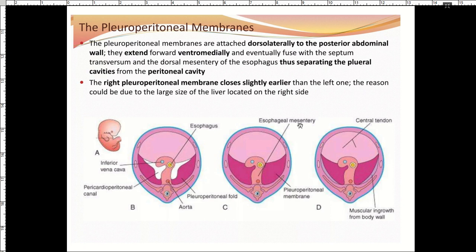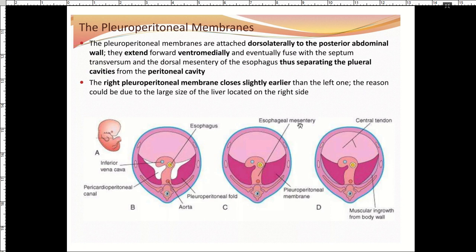Remember, these separate the pericardial and the pleural cavity, right? But the pleural cavity is still in communication with the peritoneal cavity.